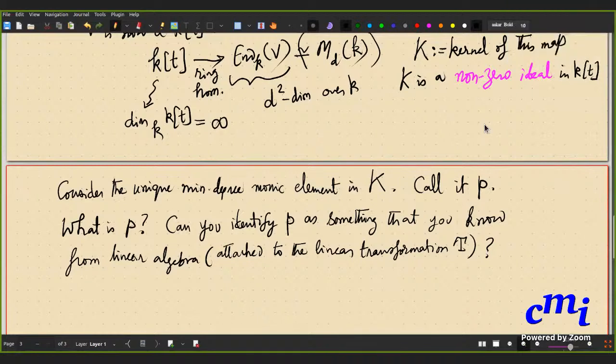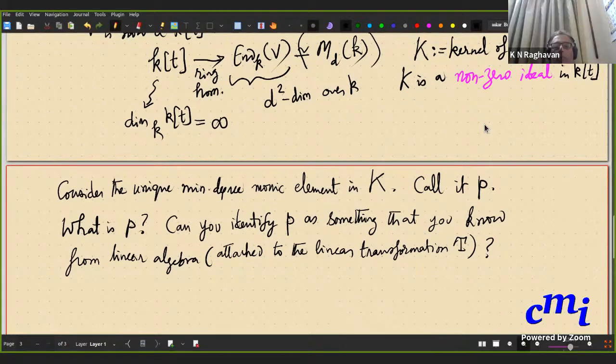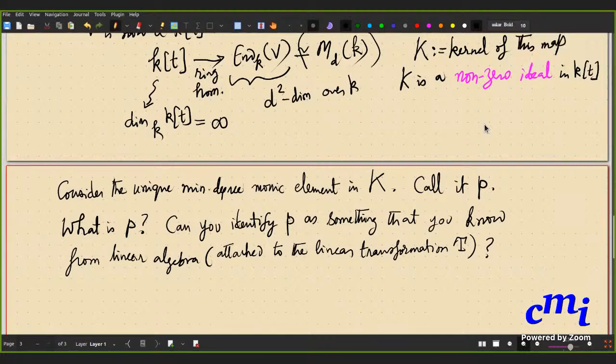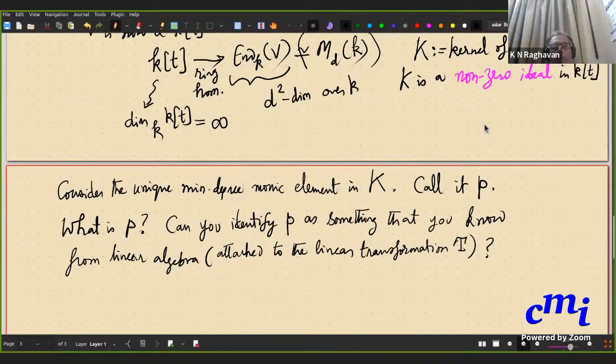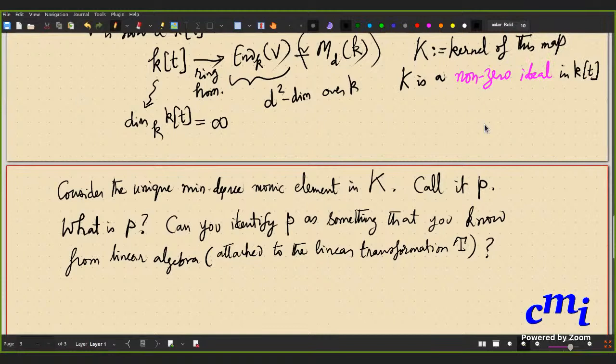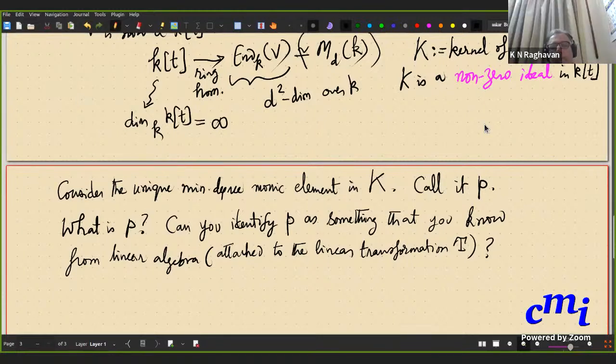Should be the characteristic polynomial of T? No, it should be degree d squared minus 1? No, it's not the characteristic polynomial. What is the degree of the characteristic polynomial of T?